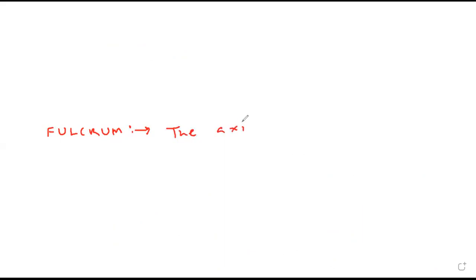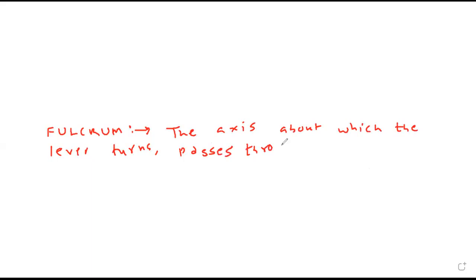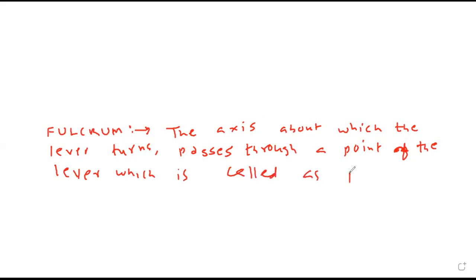The axis, meaning an imaginary line, about which the lever turns passes through a point of the lever, which is called the fulcrum.